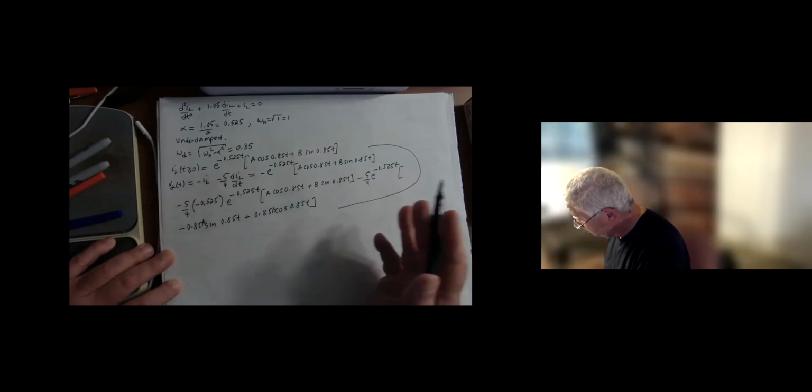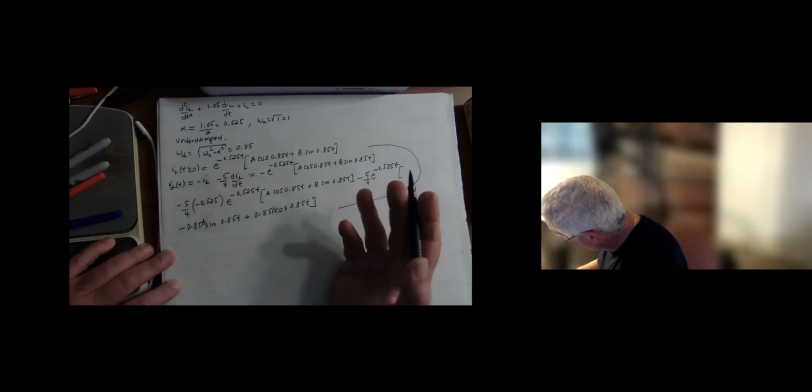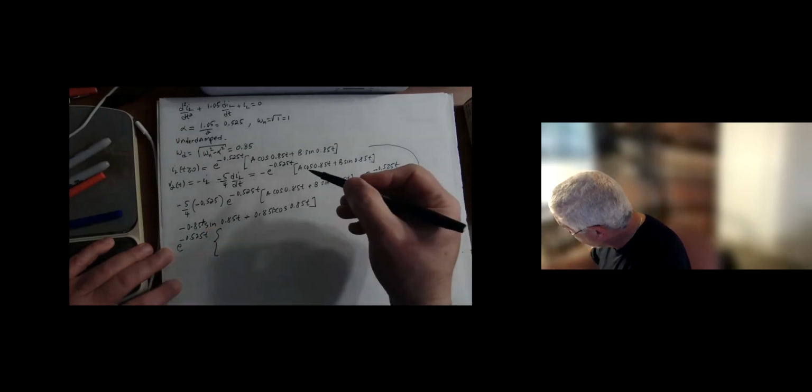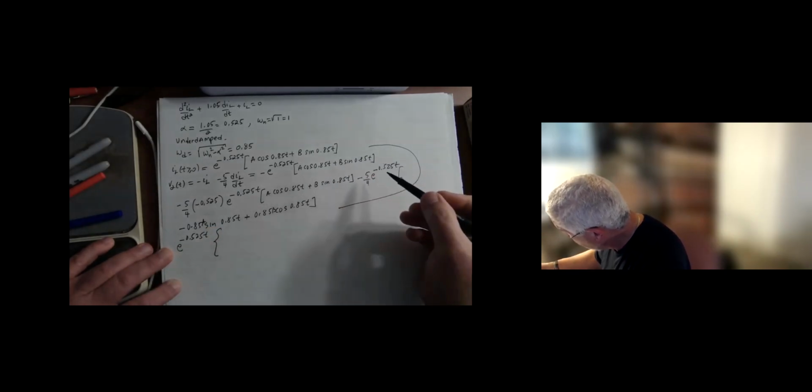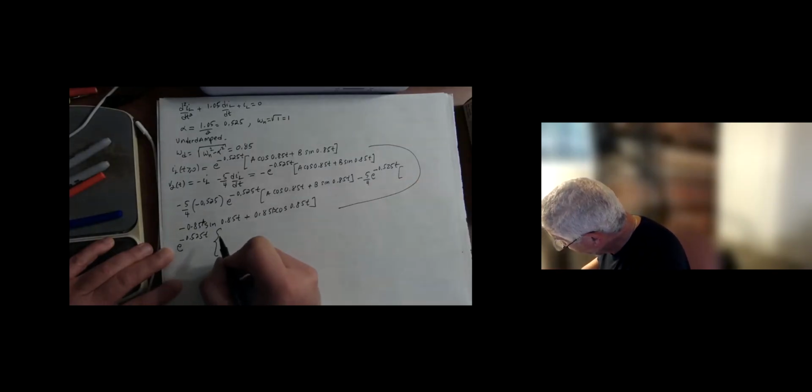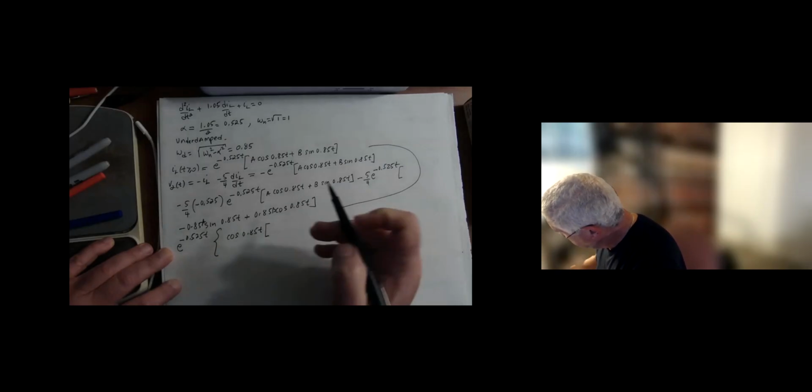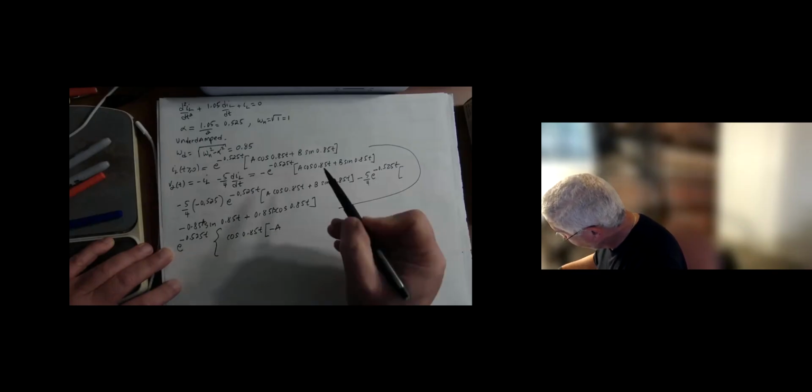So you can see you have to collect terms here, and if I did my things correctly, you have to collect all the terms. We can factor out e to the minus 0.525t, and collect the terms for cosine and the terms for sine. So let's look at that. This is cosine 0.85t times minus a from this.